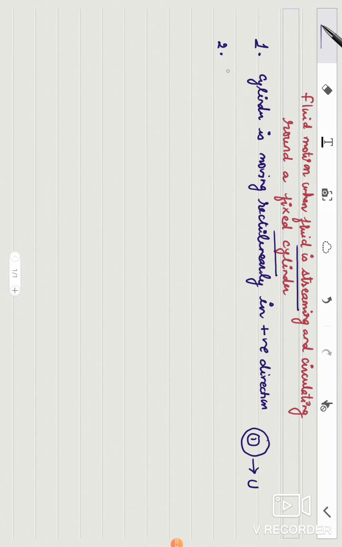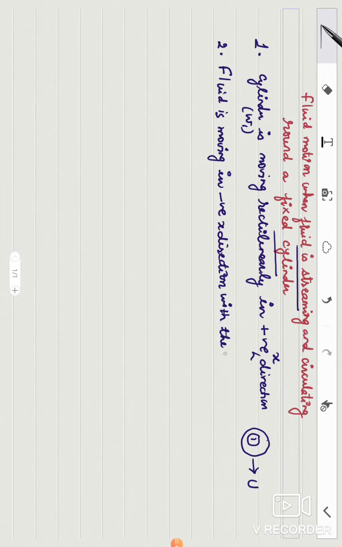Now the second situation: fluid is streaming but the cylinder is fixed, so you have to bring your cylinder to rest. Suppose it is described by W1. Fluid is moving in the negative x direction, this being the positive x direction, with the same velocity u, such that the cylinder comes to rest.